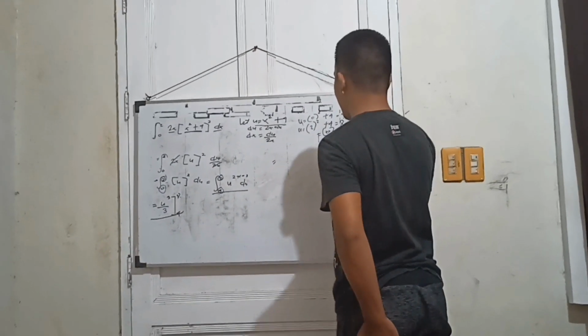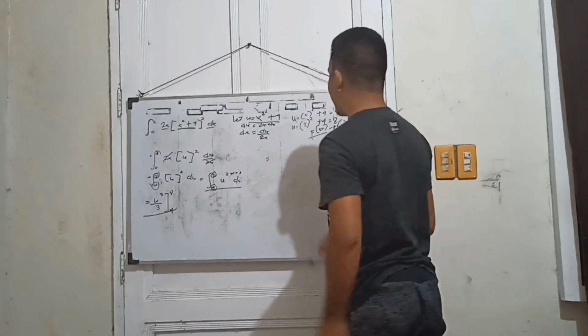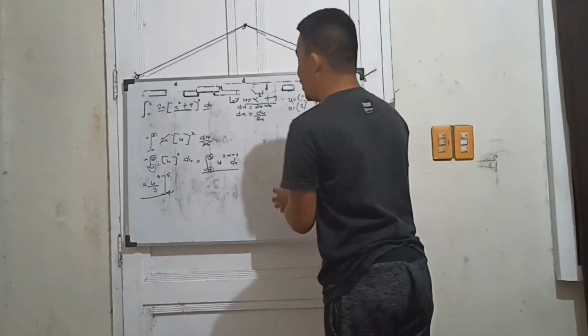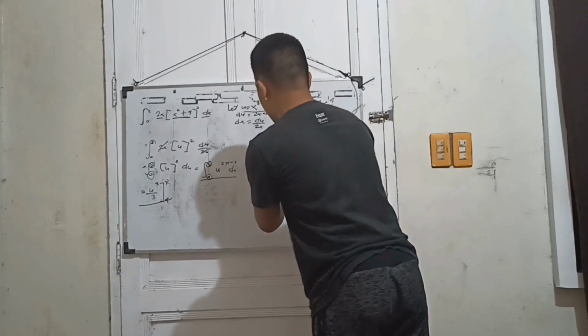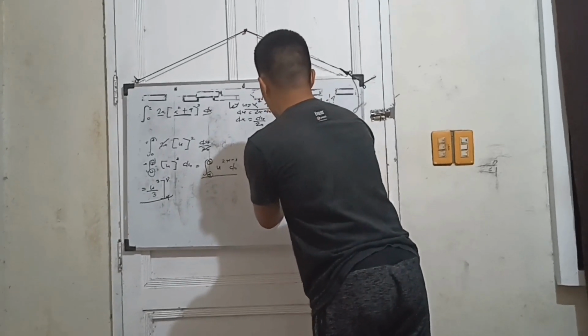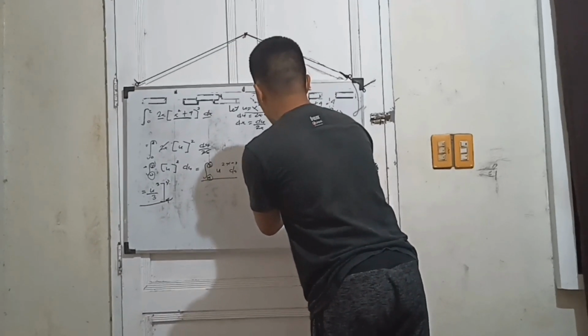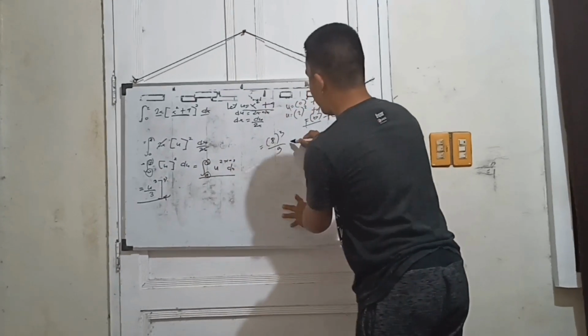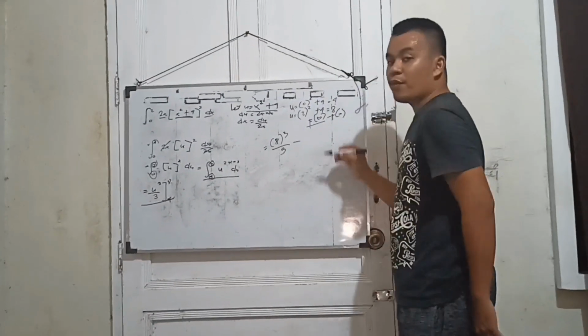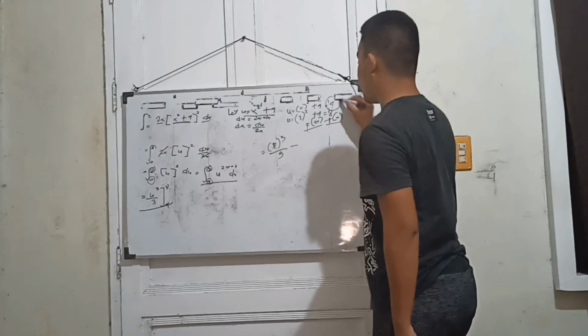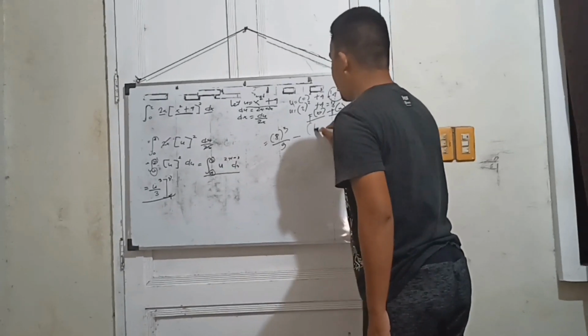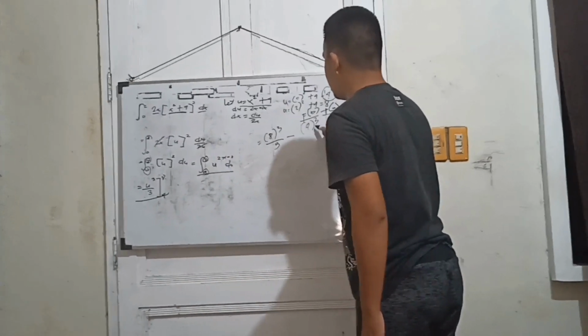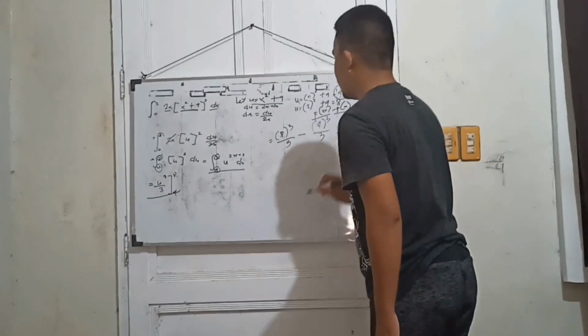So first, the value of f of b, or our upper limit, is 8 cubed over 3, minus the value of our lower limit, which is 4 cubed over 3.